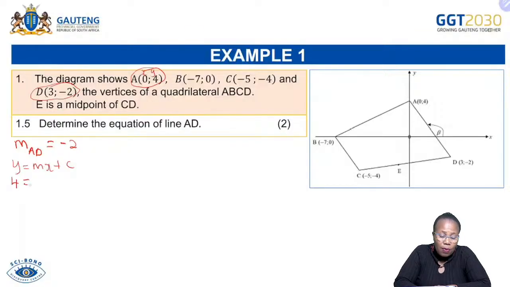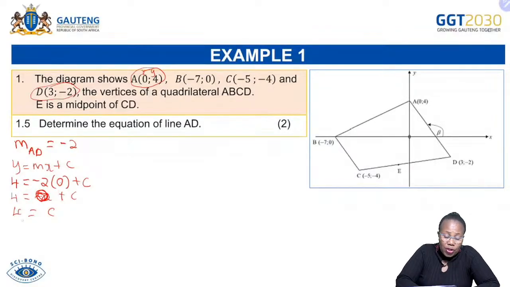Y will be 4, m is -2, x is 0, plus c. So 4 = -2 times 0, which is 0, plus c. Therefore, c is equal to 4. Then your equation will be y = -2x + 4, where you leave y, substitute m as -2, leave x, and substitute c as positive 4. That is the equation of that line.